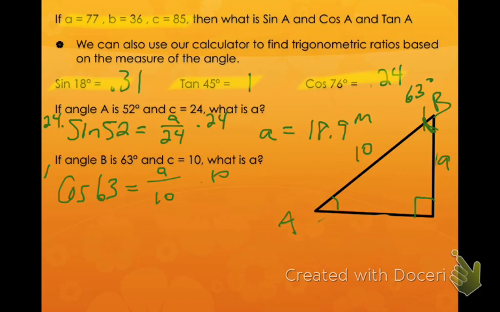Multiply both sides by 10. And you get A is equal to 4.5 kilometers or meters, or again, whatever is here in the beginning of the problem.